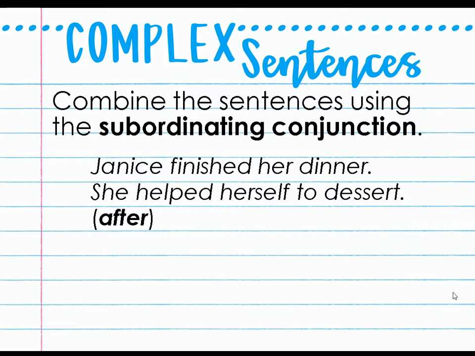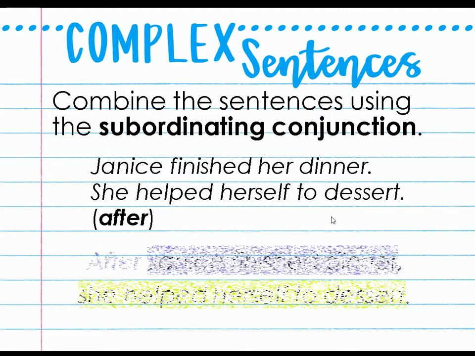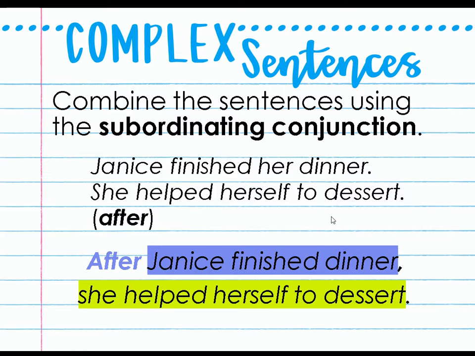So I have to think, did Janice finish her dinner after she helped herself to dessert? Or did she help herself to dessert after she finished dinner? Well, if you grew up in my house, you know you had to finish dinner before you started dessert. So I would start this sentence with, after Janice finished dinner, comma, because we're starting with a dependent clause, she helped herself to dessert.